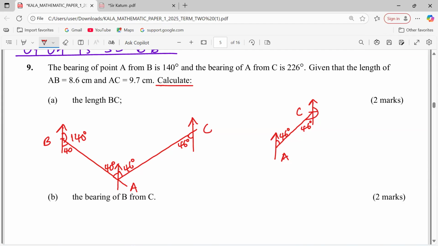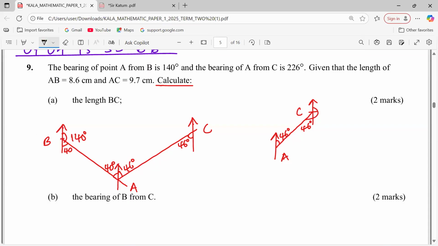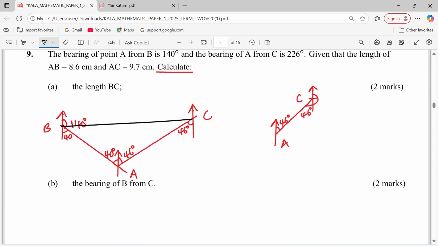Now we get to the question. There are some lengths which have been given. And before we get to those lengths, allow me first to connect B and C. Yeah, B and C, well connected like that. So now we are given AB as 8.6. Then here AC is 9.7.